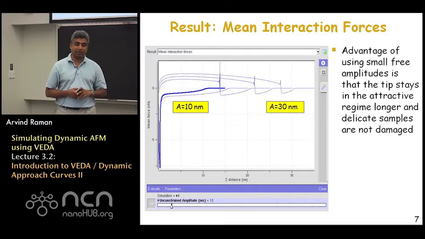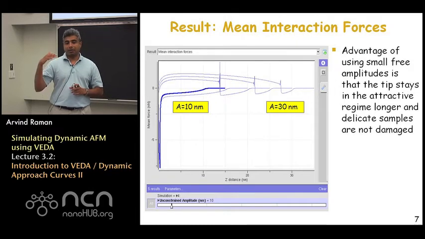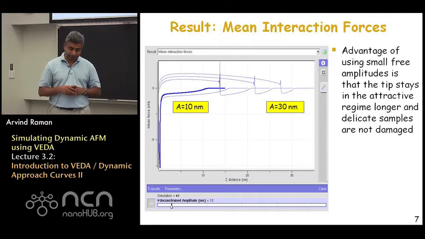Another way to verify this is to go to the results and choose to plot the average tip-sample interaction forces. We talked about the average tip-sample interaction forces a couple of lectures ago. What one notices is that when the probe is in the attractive regime of oscillation, the average forces tend to be negative, attractive, and when we're in the repulsive regime, the average forces tend to be positive.